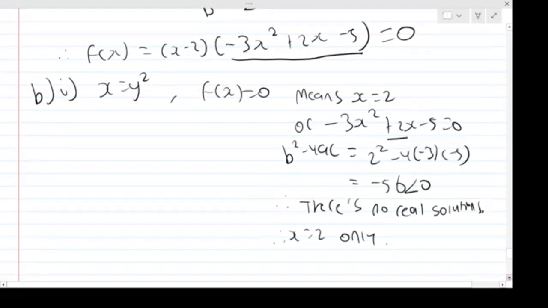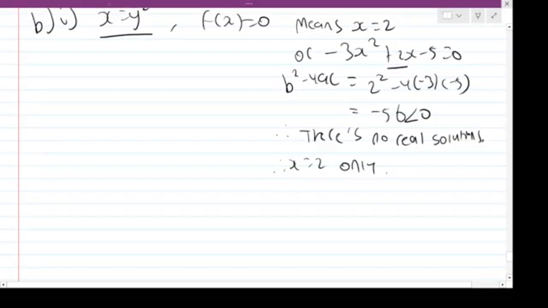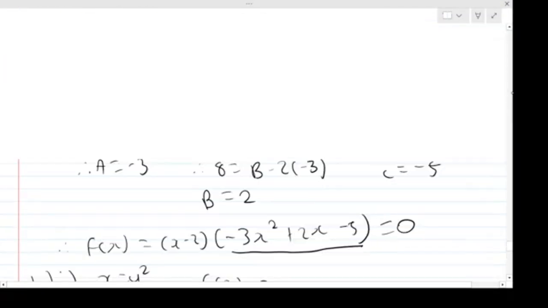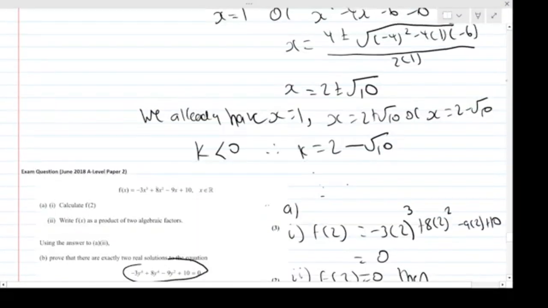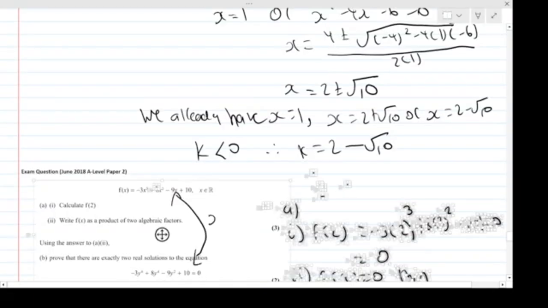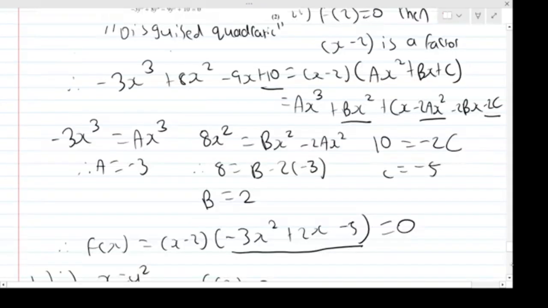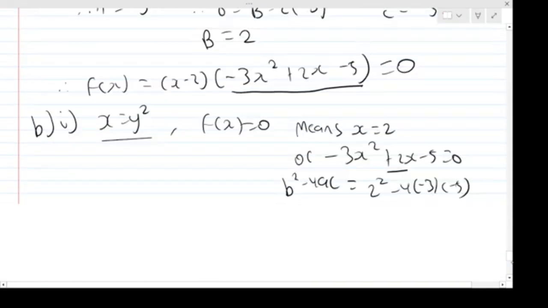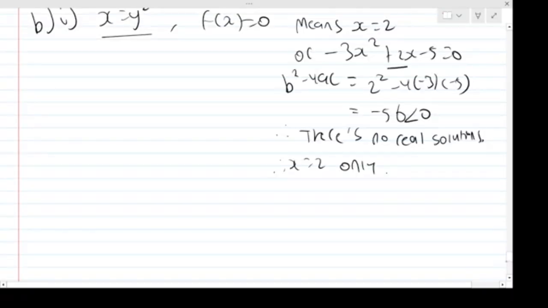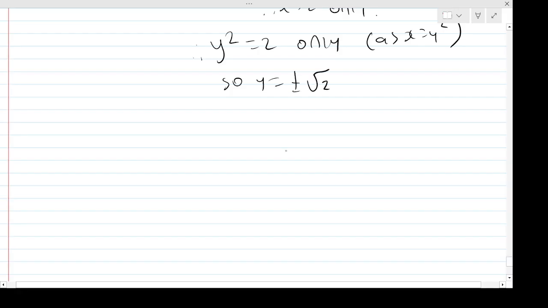So now we found the only solution for x. To solve the other equation, the equation up here in terms of y, we know it's a disguised equation because I can link the two by saying x is y squared. Then I need to solve for y, not for x. If x is y squared, therefore y squared equals 2 only. So that means y is plus or minus root 2 are the solutions to the equation they described.